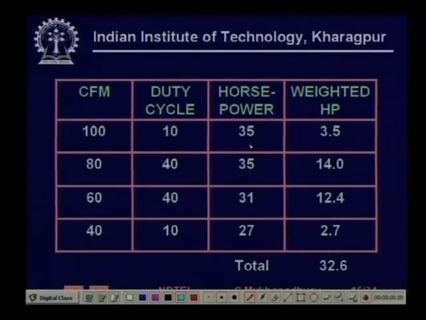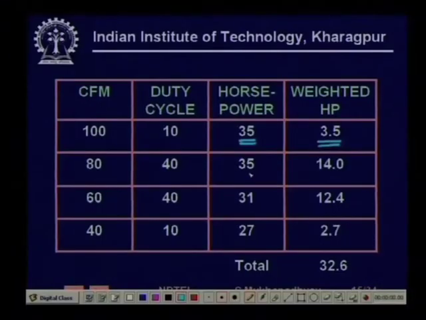So, the 35 horsepower level stays 10% of the time. Therefore, the weighted horsepower is 3.5. We are trying to calculate the average horsepower, right. Similarly, at 80%, again 35 stays 40% of the time, that is 14, then 31 stays 40% of the time, that is 12.4, and 27 stays 10% of the time, that is 2.7.